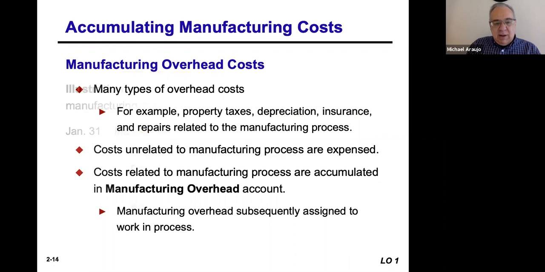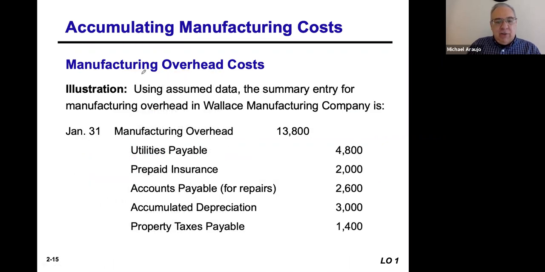So this is how it would look for Wallace Manufacturing Company in an illustration that's provided for you at the end of January of this month. They have debited the manufacturing overhead $13,800 because they had utilities payable, prepaid insurance, repairs, accumulated depreciation, and property taxes.